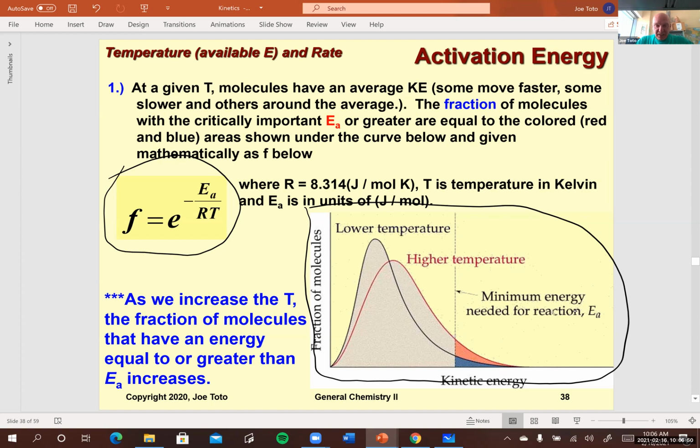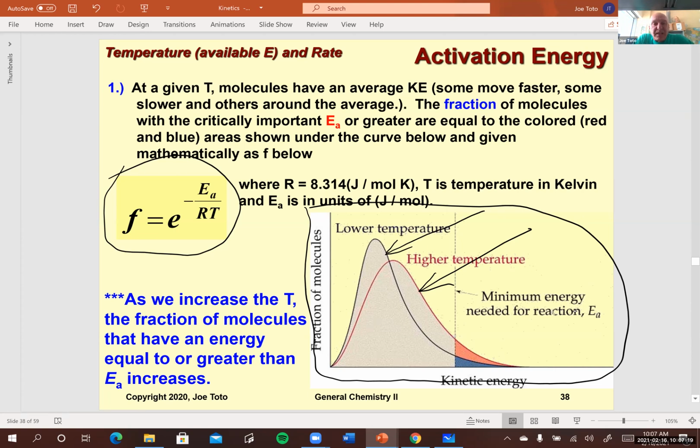So the area under each one of those curves represents the number of molecules, so the areas are the same. We see that for the higher temperature, the area under that curve is the same as the area under the lower temperature curve. That has to be true because they represent the same collection, and that area is related to the number of molecules that it describes.